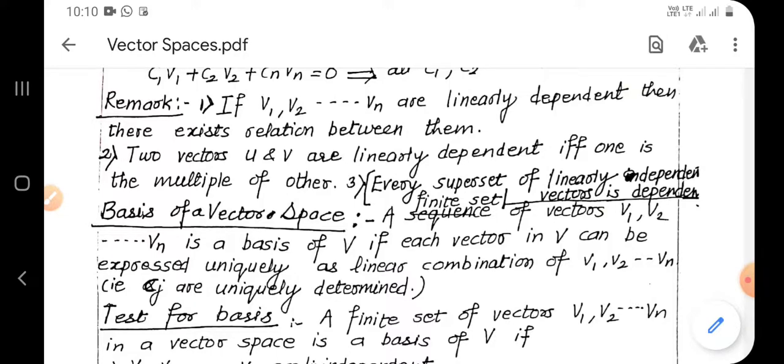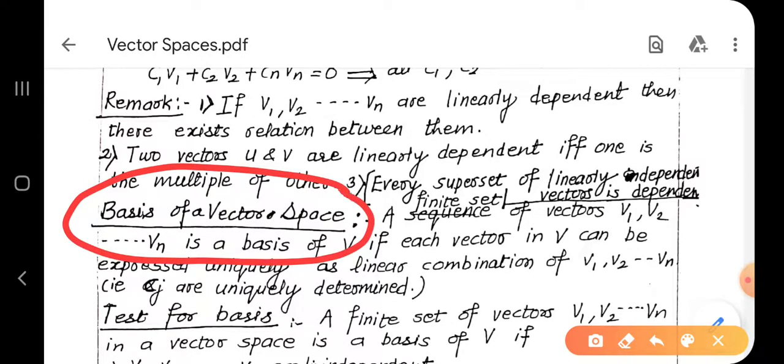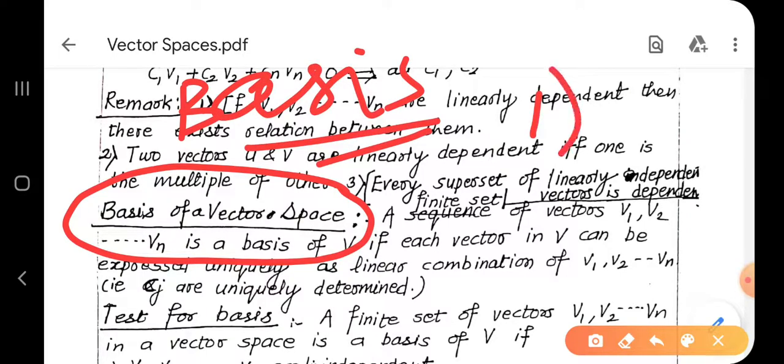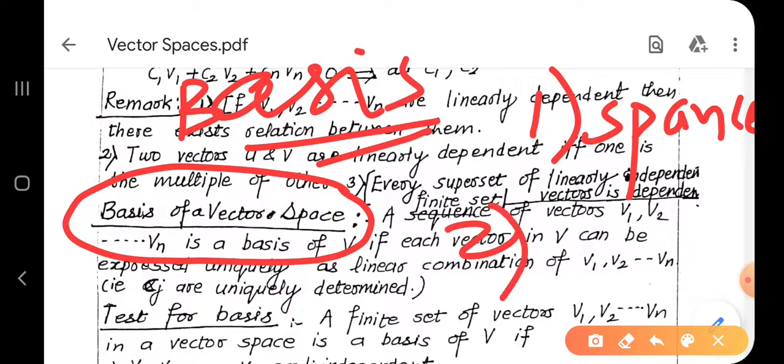Okay, now a very important concept we are going to define here, basis of a vector space. For basis of a vector space, I require two things. One is a spanning set. Spanning set means linear combinations. And the second one is a linearly independent set.